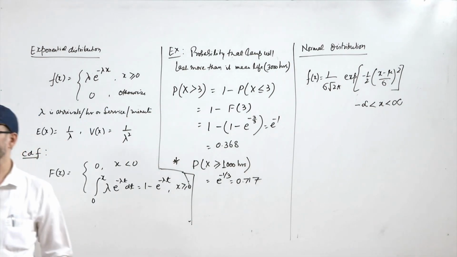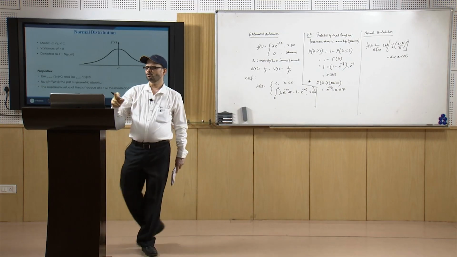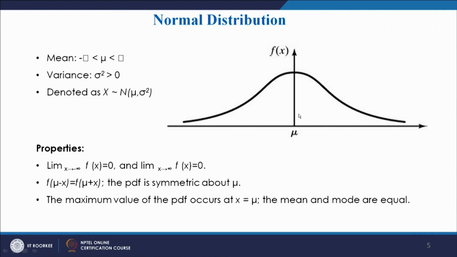The maximum probability is at the value mu, as we see here, and then depending upon sigma square, the shape will vary a little bit. So it goes on both sides.